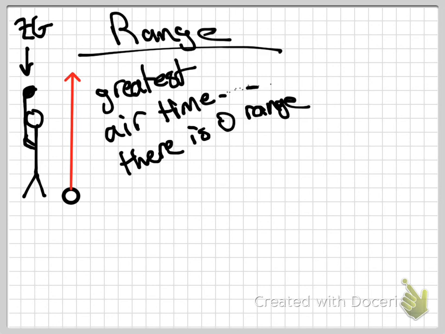It had no horizontal velocity, right? Vx equals 0. So you're not going to get any range if you hit it directly upward, but you'll give it the greatest airtime.